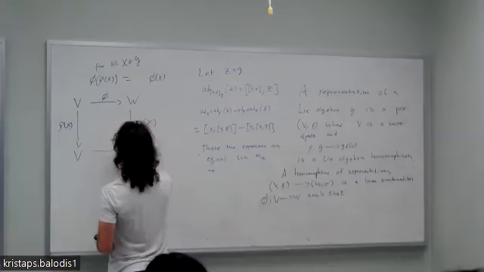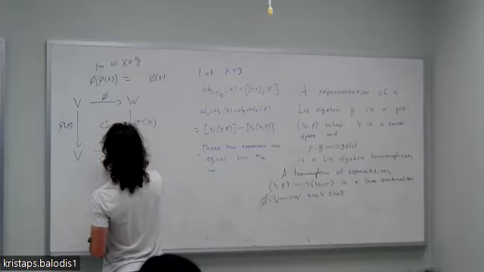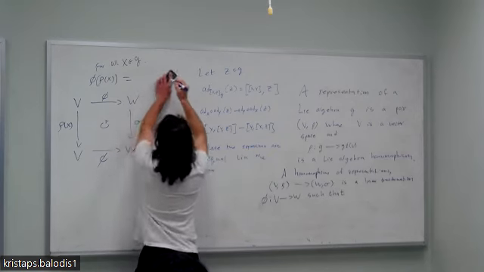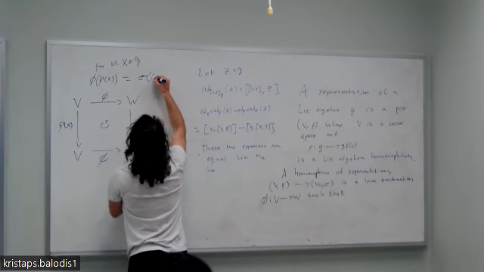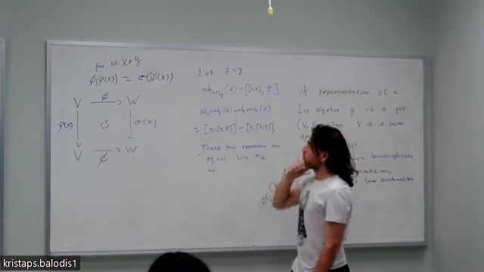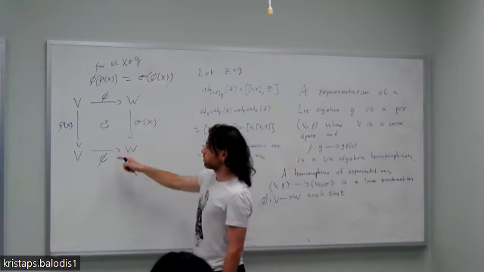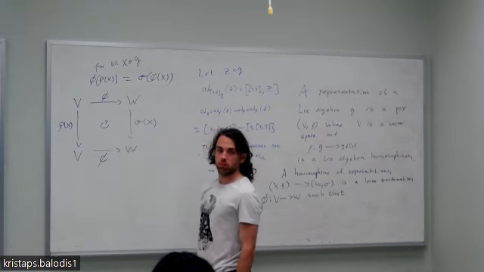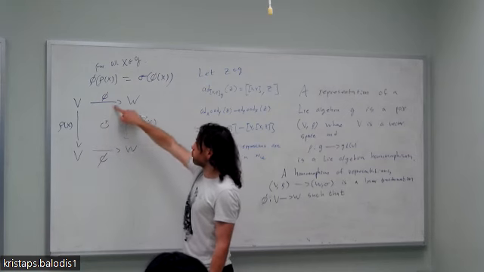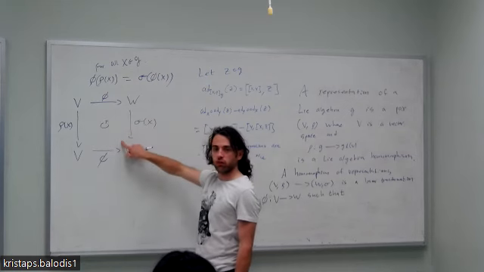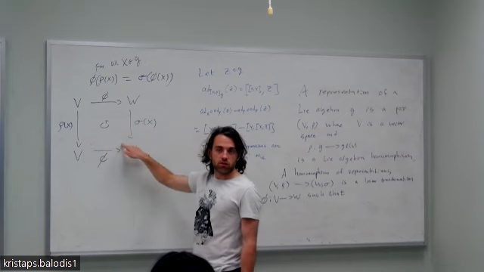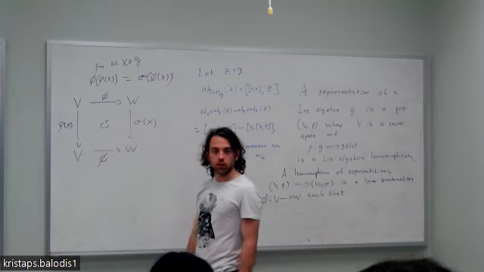There's a nice diagrammatic way to say that these are equal: sigma of x composed with phi. Another way to say this is that the diagram commutes. By that I mean follow the composition of maps along one path of arrows, follow the composition of maps along the other path of arrows, and those will agree.